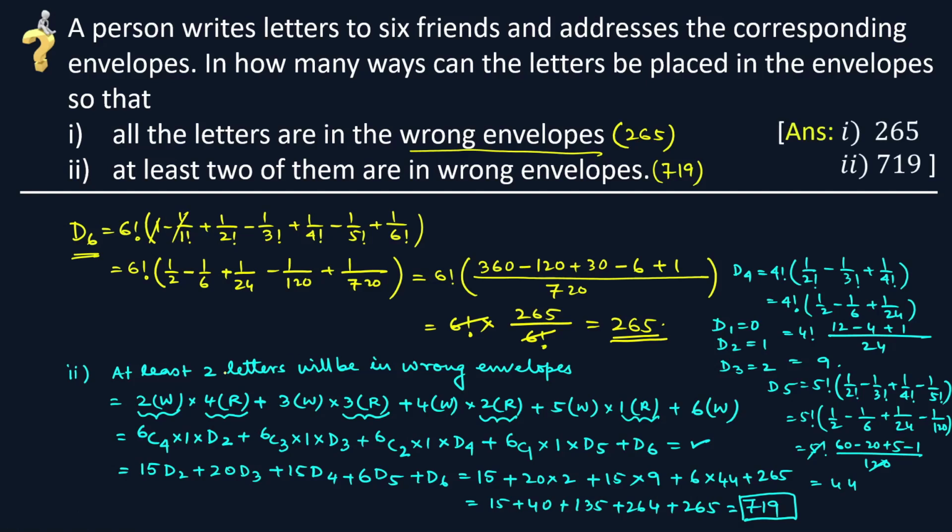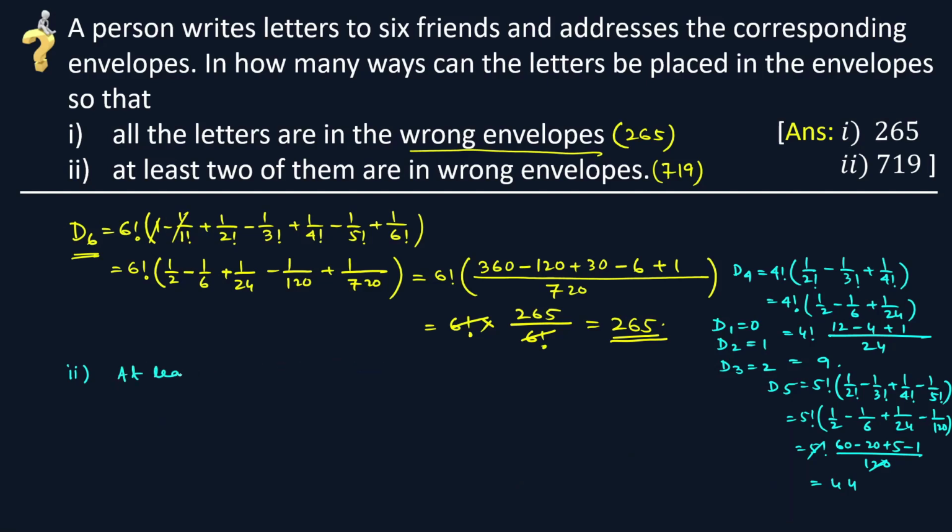Okay. Now, the second problem can be solved in another way also. How can it be solved? At least 2 letters are deranged. It means what?